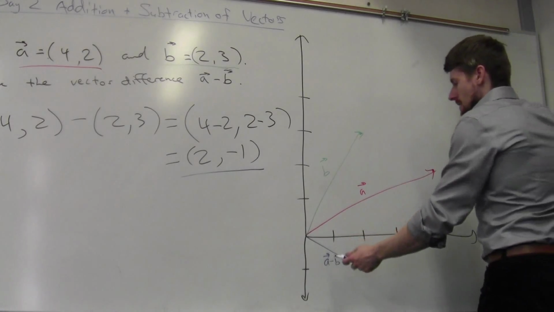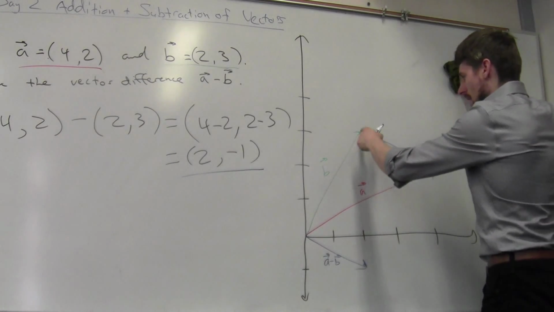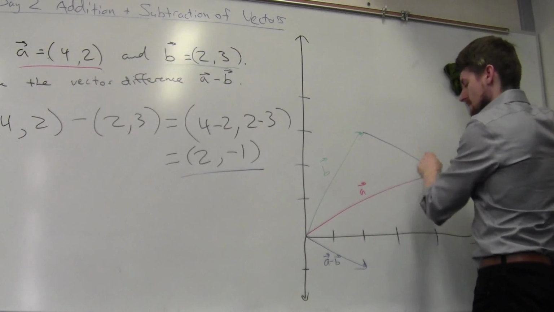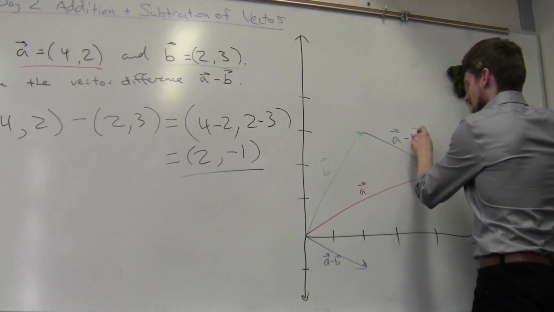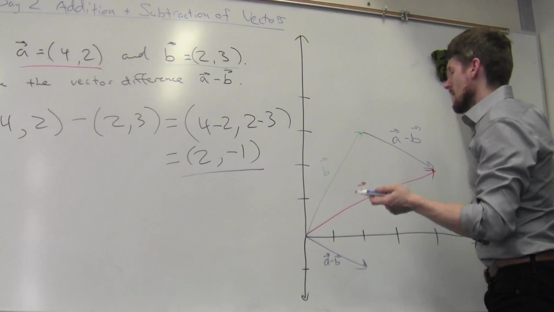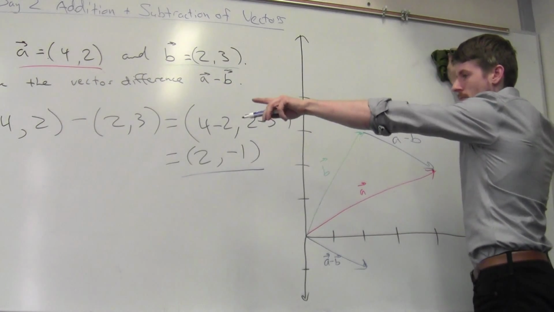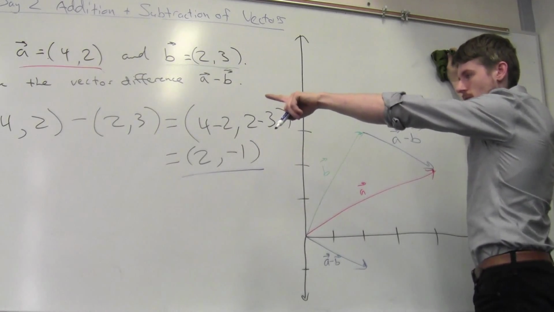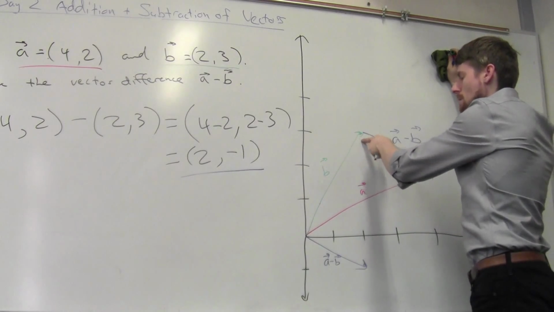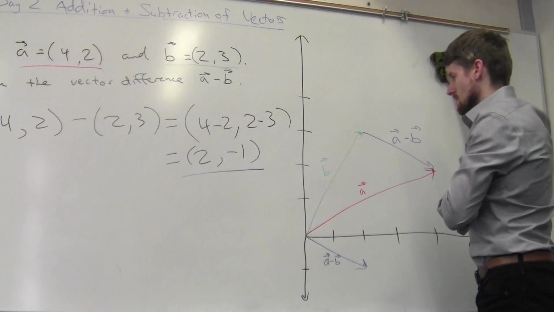Well, if you look at this, it's actually the same vector as going from the tail of B to the tail of A. And so another way to think about vector subtraction is, if you draw the vector B and the other vector A, then the difference vector goes from the tail of B to the tail of A. It's this vector, which is the difference between the two.